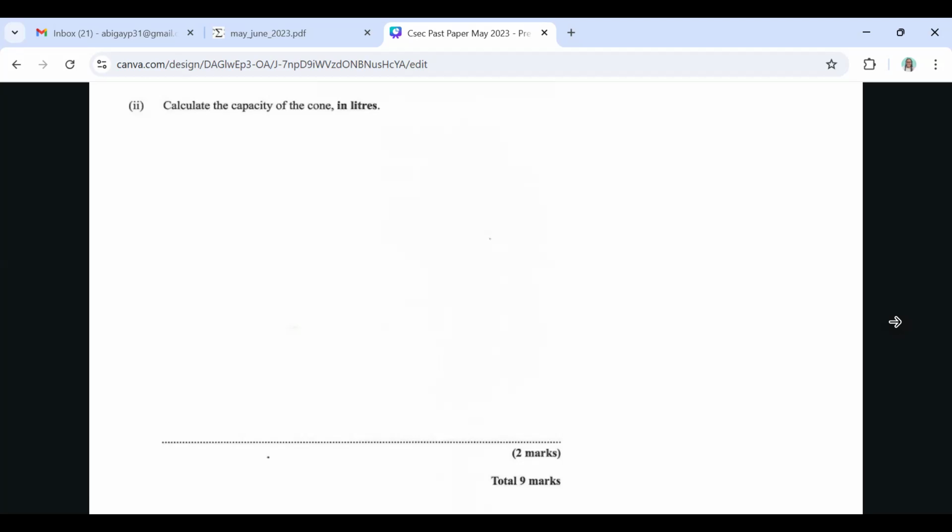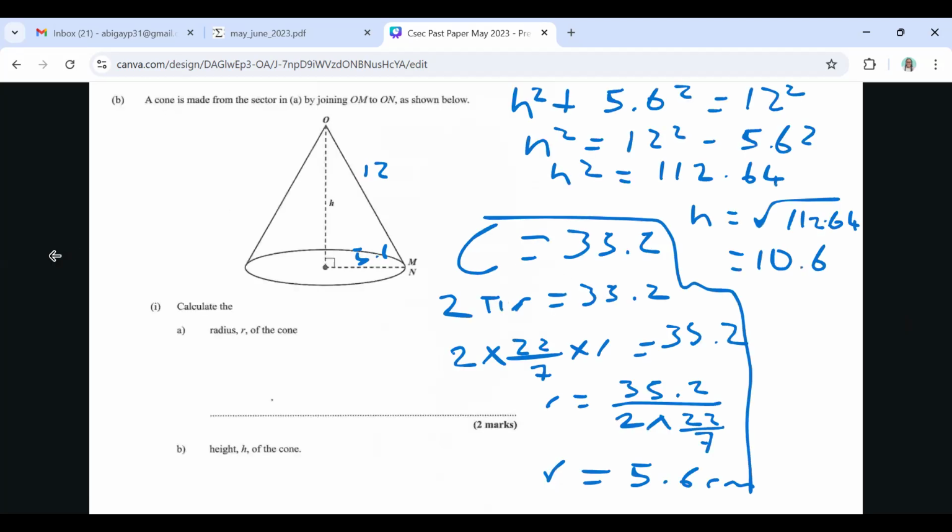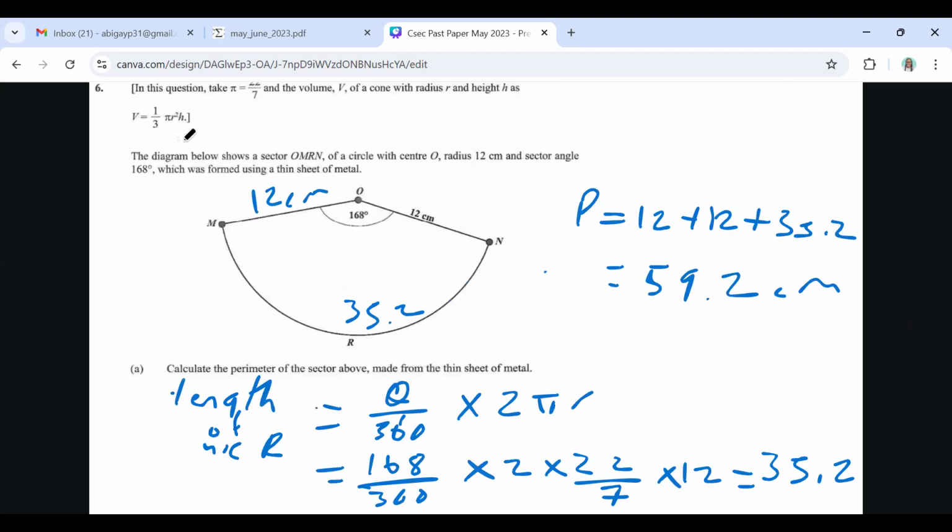Now, capacity means volume. And I believe that they gave us the formula for volume, which is right here: 1/3 pi r squared h.